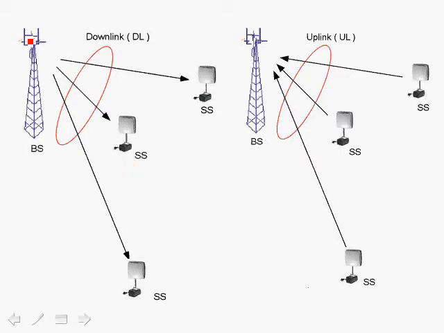What we see here again is the base station and subscriber stations. Assume they can be mobile or fixed, assume fixed for now. In a TDD transaction, when you send a frame, you have first a downlink from the base station to the subscriber stations. So all the subscriber stations see the downlink packet from the base station. All the subscriber stations are in receive mode.